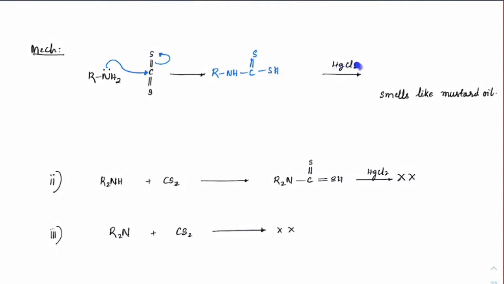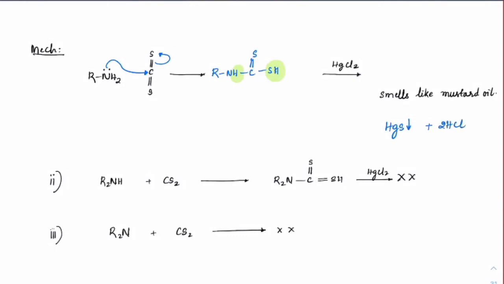This if you treat with HgCl2, Hg2+ will take away the sulfide and form a black precipitate. You can imagine that this SH and H will come out as H2S, and that H2S on reaction with HgCl2 will form HgS and 2 moles of HCl.